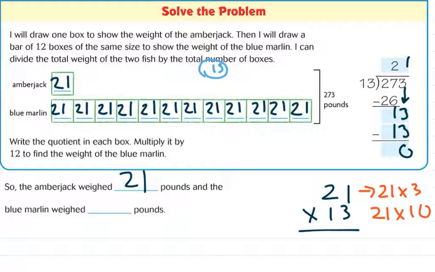So when we multiply this out, we get what, boys and girls? Let's multiply this out together. 21 times 3 is 63, and then we have 21 times 10 is 210. We add up these partial products.